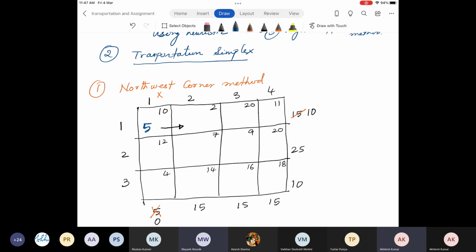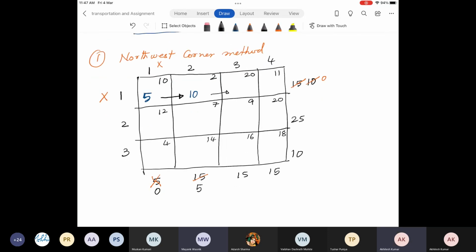So I allot 10. Once I have done this, put it 0. This row has been satisfied. Cross it. Also change the demand to 5 left for this one. So I still need to fulfill 5 demand here.